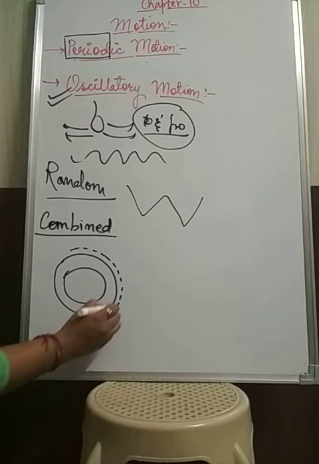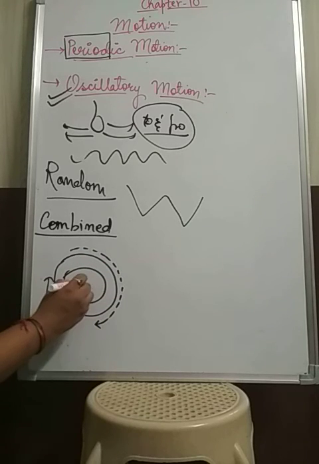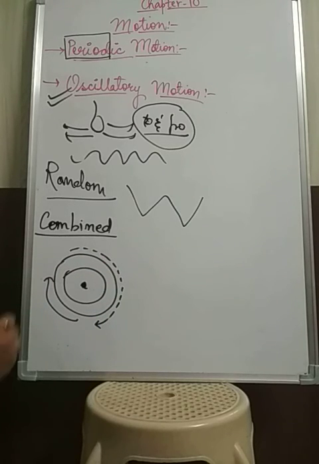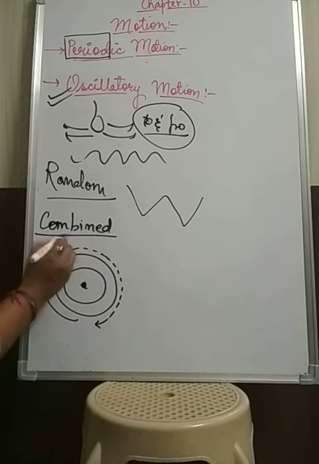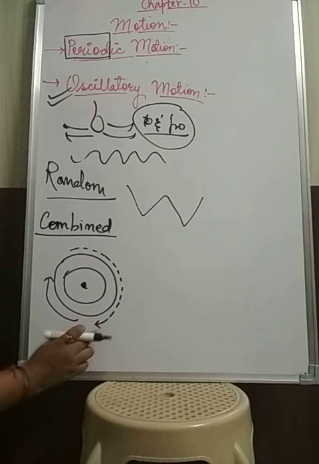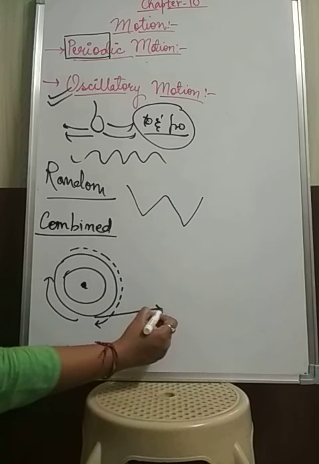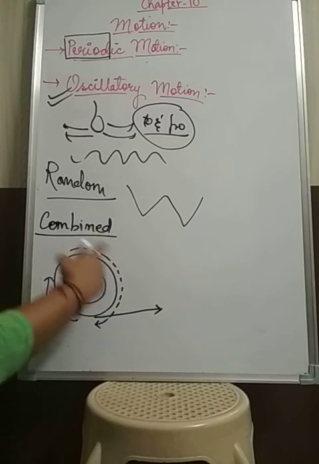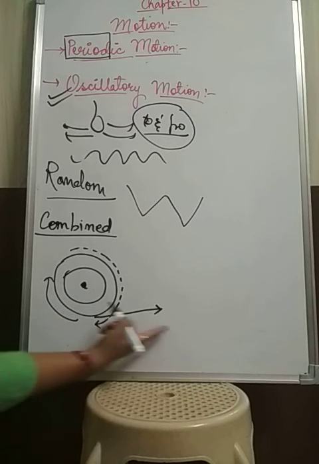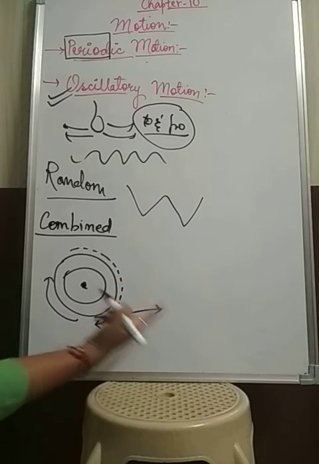They rotate like this around this particular point. So what they do is exhibit rotational motion, and along with this rotation they move forward also. So along with rotational motion they exhibit translatory motion also.